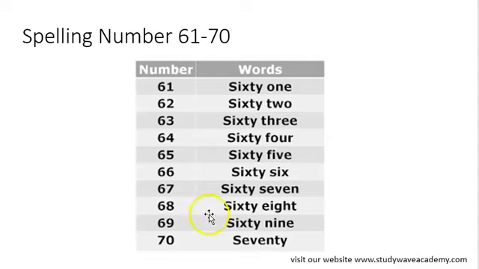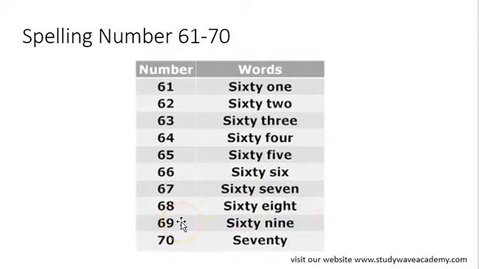Yes. SIXTYEIGHT, 68. So we spell 68, 60 and 8 together. SIXTYEIGHT, 68. Okay?